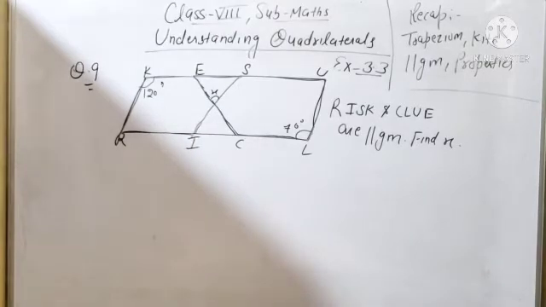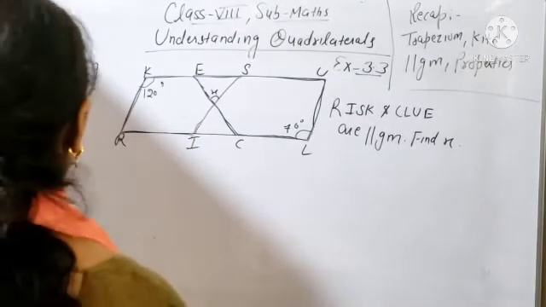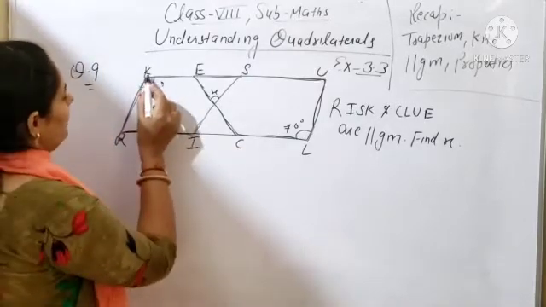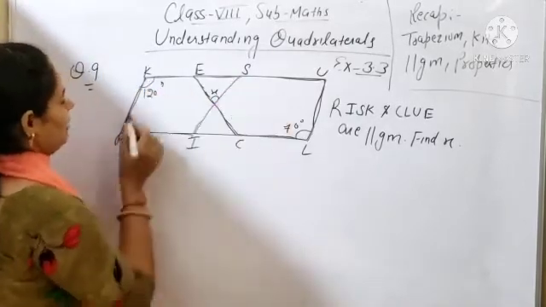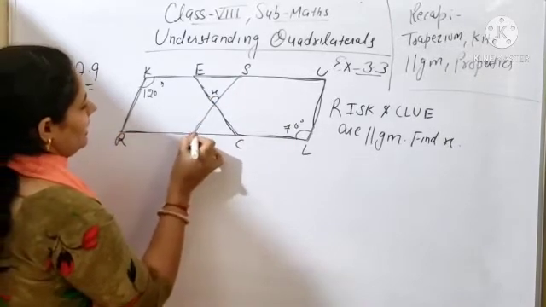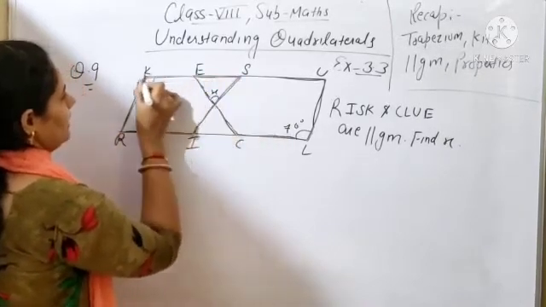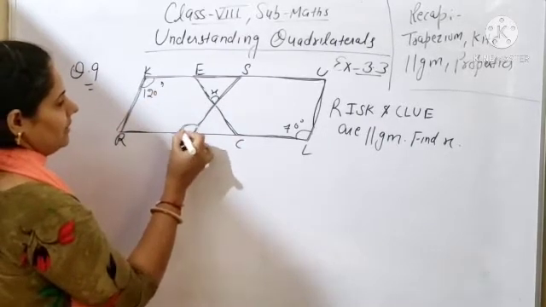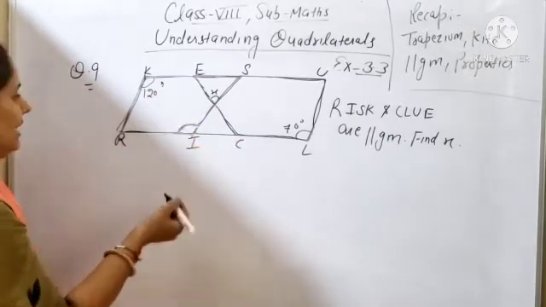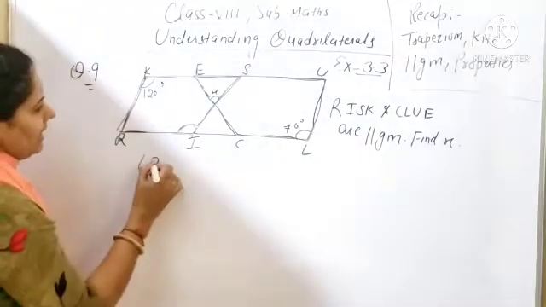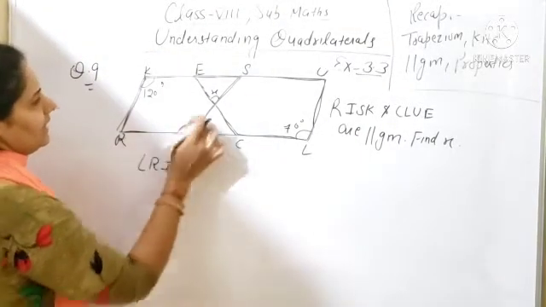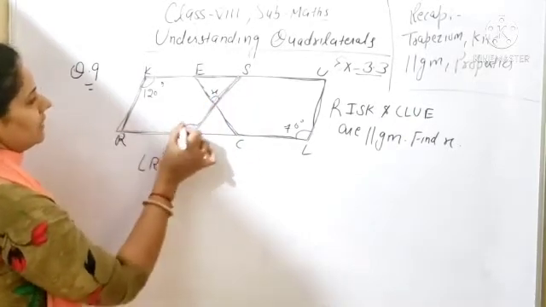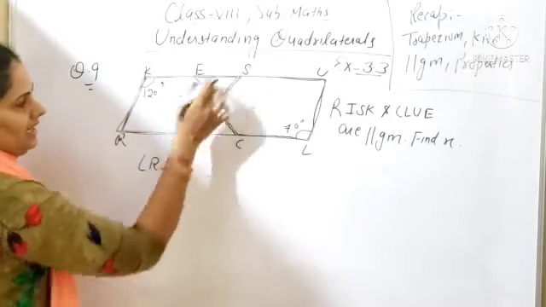Clear? So here you have to see which property you can use. First, which parallelogram is given, beta? RISK. If you take this parallelogram RISK, angle K will be equal to angle I, because opposite angles are always equal. So you can say this angle, I am taking this one angle, you can give the name RIS.